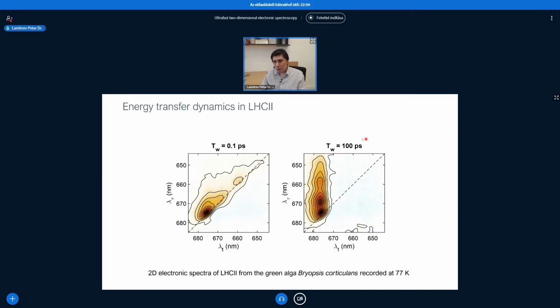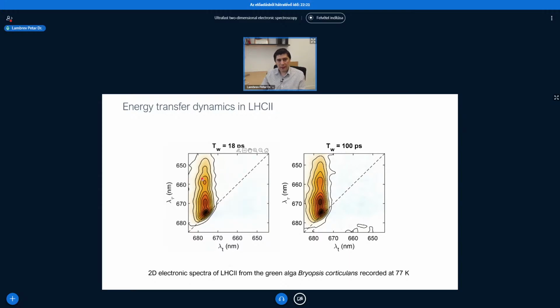And once you give some waiting time, let's say 100 picoseconds, all the higher energy excited states have disappeared, and the energy has transferred to the lowest energy, long wavelength chlorophylls, which are the terminal acceptors of energy. But of course, this is a time-resolved technique, so we make a movie and we can follow how the energy disappears from the short wavelength forms and the cross peaks of the long wave forms appear.